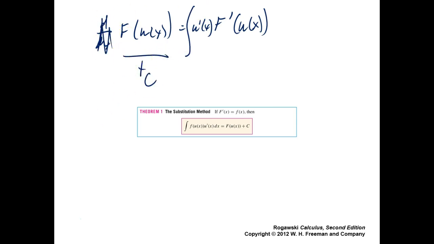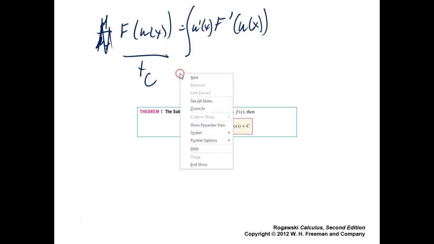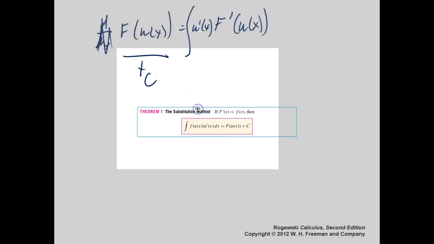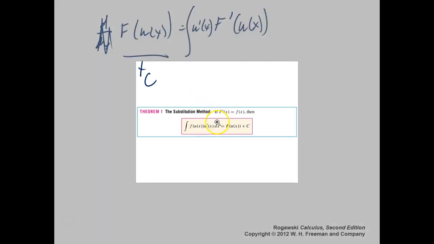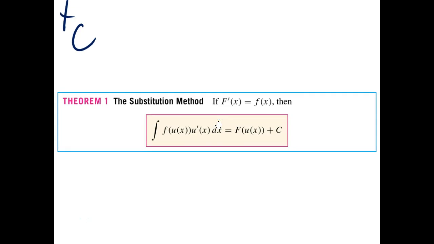So in other words, if you have an expression, pull this part down here. Boom, I blew it up. If capital F prime is the same as little f, in other words, capital F is the antiderivative of little f.